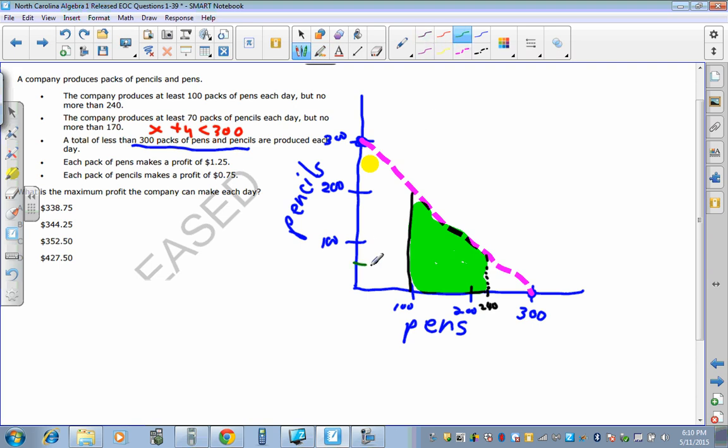So 70 would be here. But no more than 170. So that would be here. Okay, and I'm going to shade down. So that is my solution region.